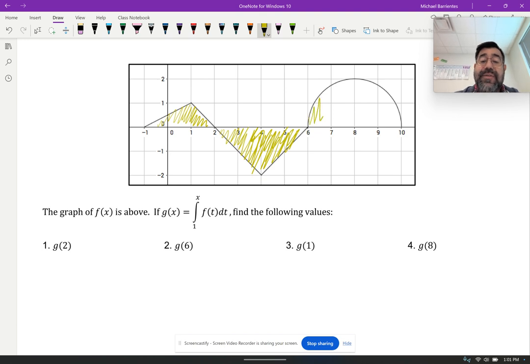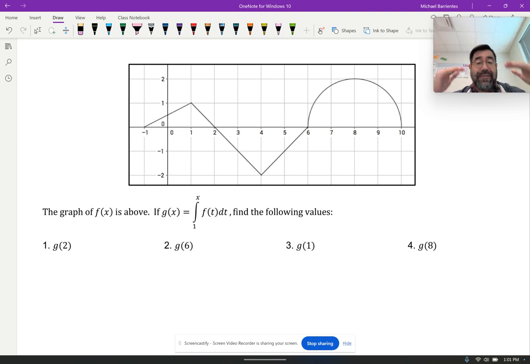And then this accumulation over here is positive. So I've got to be careful with where my shading is. If it's under the x-axis, I have to treat it as negative accumulation. Even though I can find the area using the area formula, my definite integral value is going to be negative if it's under.